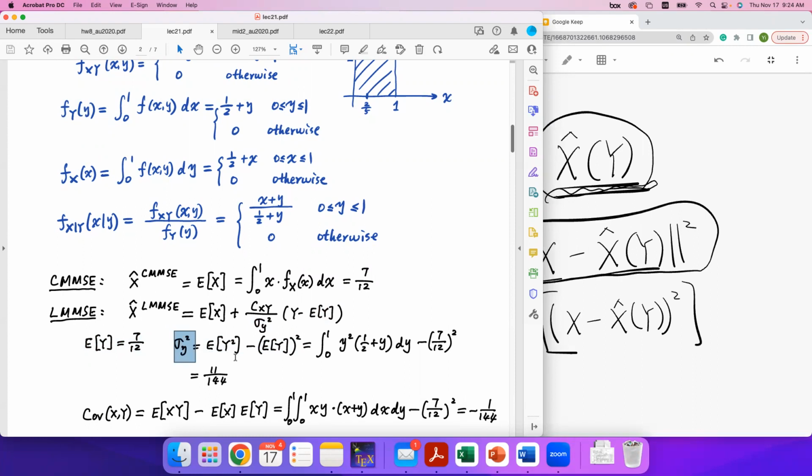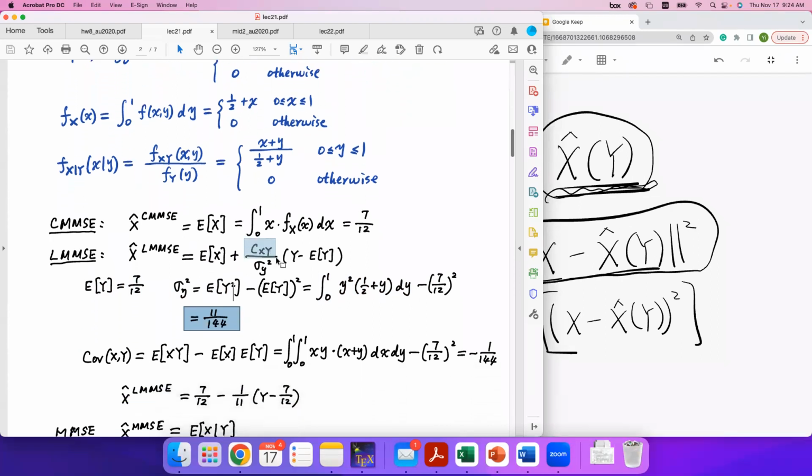We can leverage the formula for the variance: the second moment of Y minus the mean of Y to the power of 2. The mean of Y has been calculated, so we just need the second moment of Y, which is given by this integration: integrating y squared times the PDF of Y. In the end, you get this variance of Y.